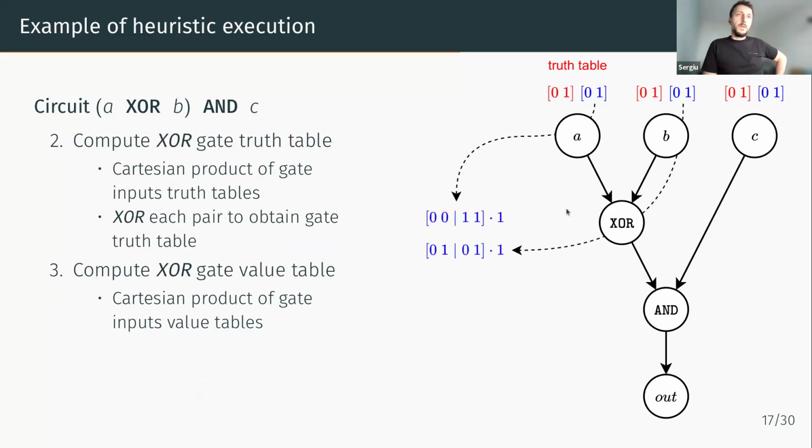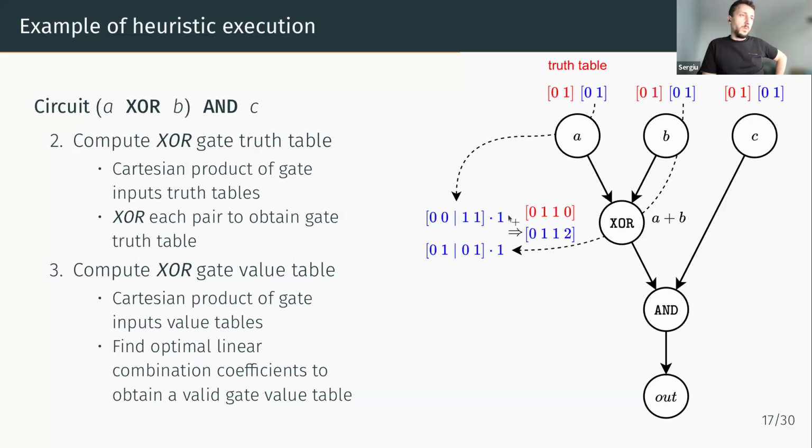We can do the same thing for value tables. So we start by computing the Cartesian product of the gate input value tables. But here we don't have a logic function. We must combine these value tables using a linear combination. So what we do is find the optimal linear combination coefficients.